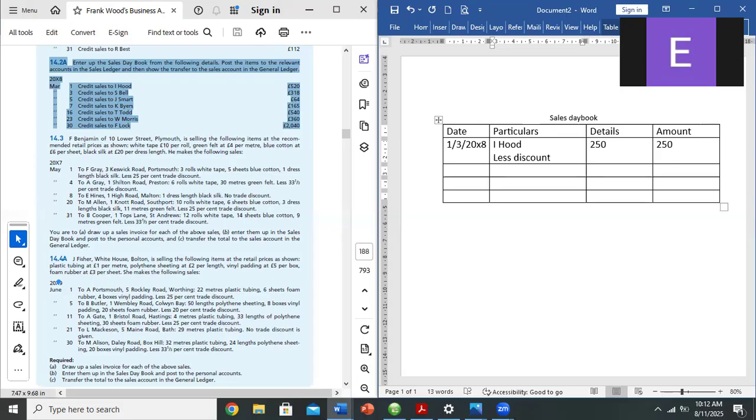Maybe 10%. We gave him a 10% reduction. So we'll do the calculation. 10% of 250 is what? 25. So you are going to less that figure 25 before the final figure comes to the amount column. And here 250 minus 25 will be 225.